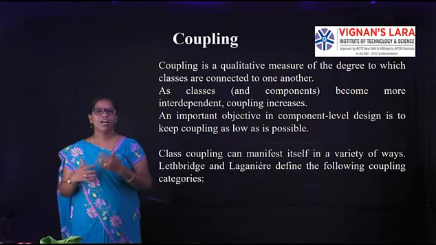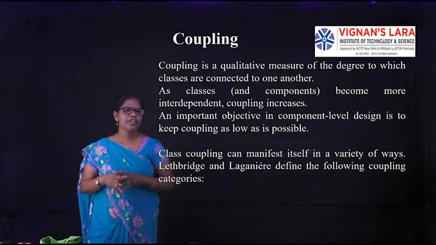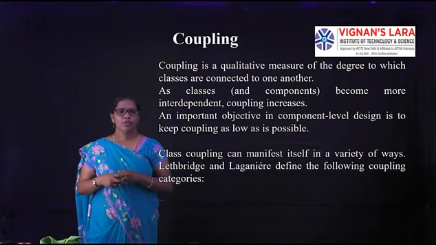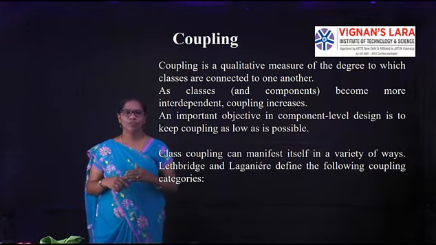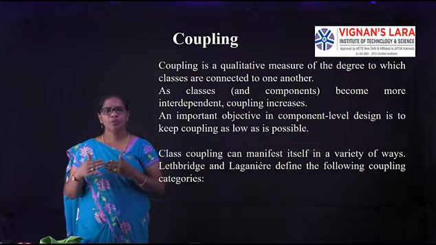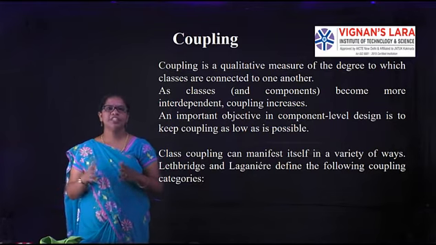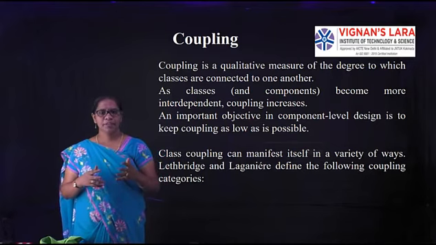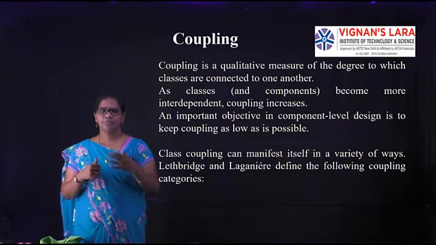How independently or dependently these classes are interlinked is called coupling. An important objective in component-level design is to keep coupling as low as possible. In order to achieve this, we have to maintain coupling in a low manner. That means the classes should not be connected or dependent on each other. They should be independent, because we are using the concept of abstraction. If you use abstraction, the data you give is hidden from the user.